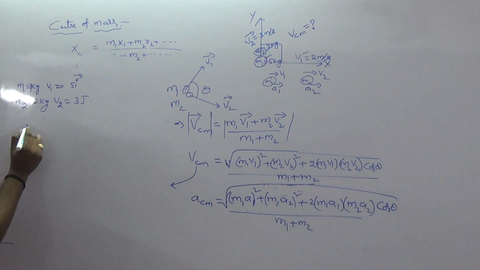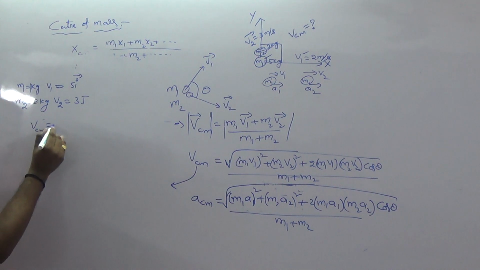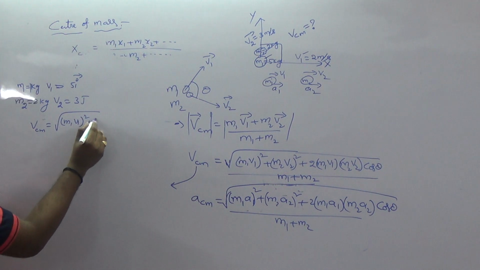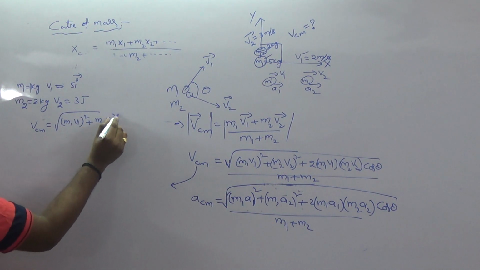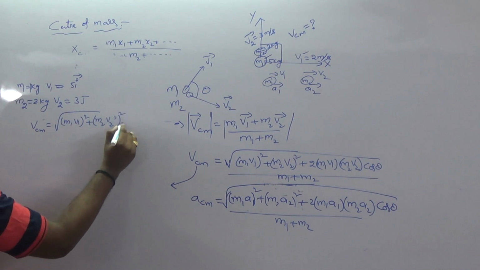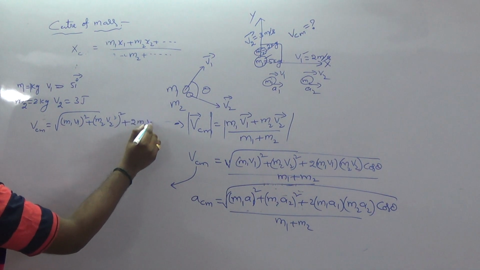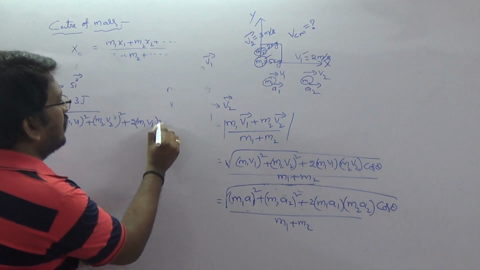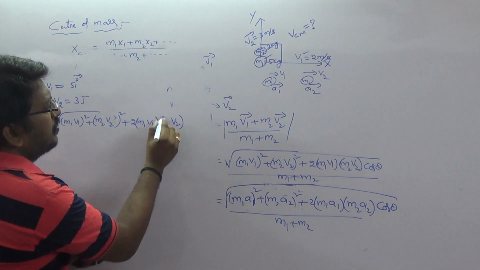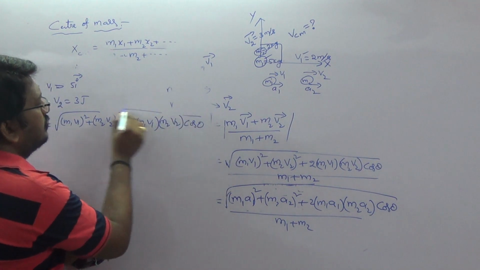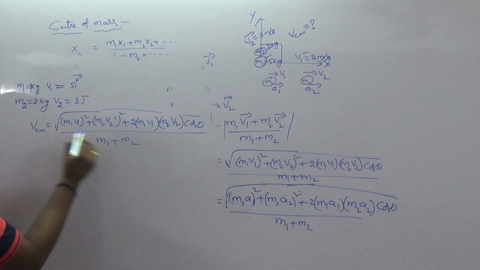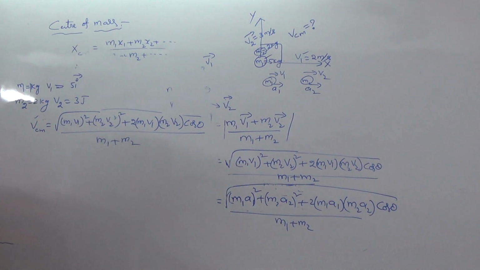In that situation, we can use the formula: the velocity of center of mass is equal to under root of m1 v1 whole square plus m2 v2 whole square plus 2 m1 v1 m2 v2 cos theta, by m1 plus m2. That gives the magnitude of the velocity of center of mass.